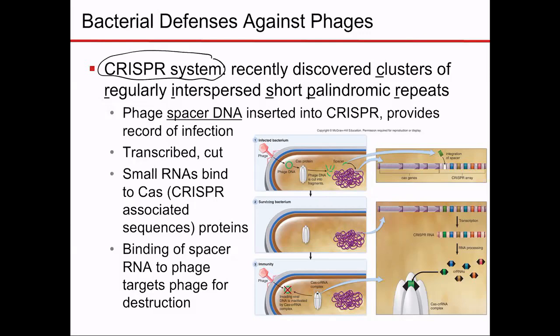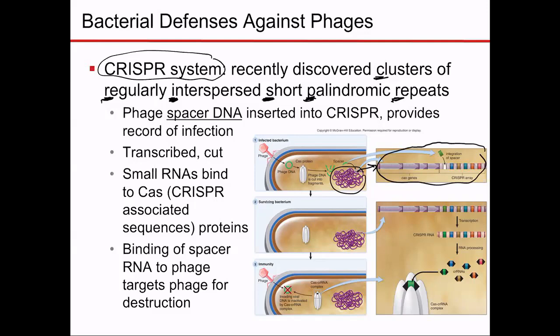CRISPR is the acronym of clusters of regularly interspersed short palindromic repeats. Basically, this CRISPR system is a family of DNA sequences found in the genome of prokaryotic cells.